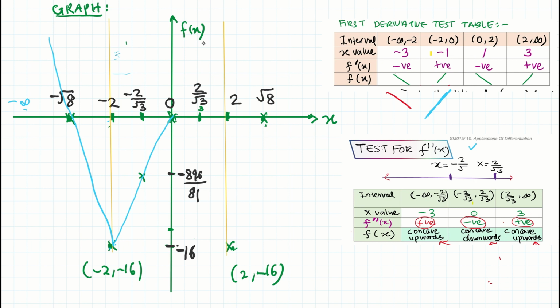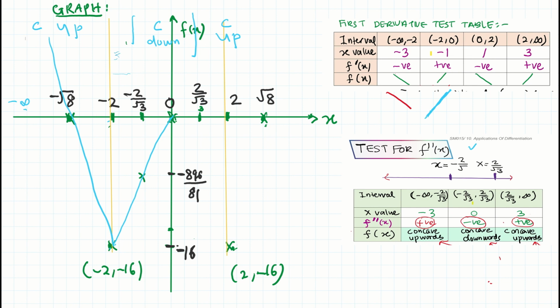From negative infinity until negative 2 over 3, the function is concave up. From negative 2 over 3 until 2 over 3, the function is concave down. And from 2 over 3 until infinity, the concavity is up.